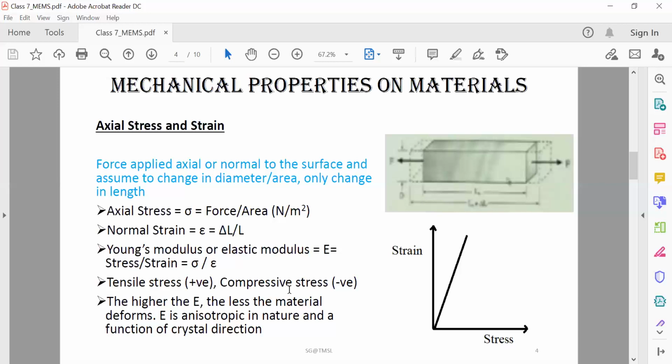Now compressive stress we call negative stress, and tensile stress we call positive stress. And the higher the E, the less the material deforms, because if the E value is more, the deformation will be less. Okay, that E is anisotropic in nature, and it is very important and a function of crystal direction. That E, meaning Young modulus or elastic modulus, is anisotropic in nature.